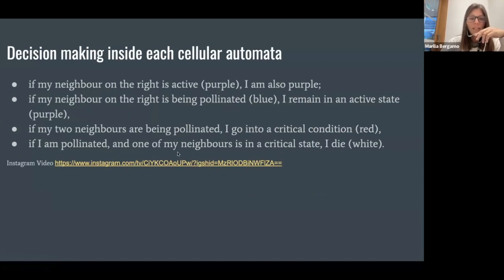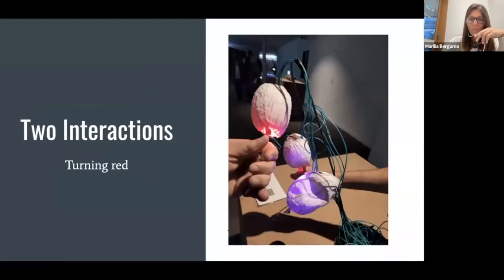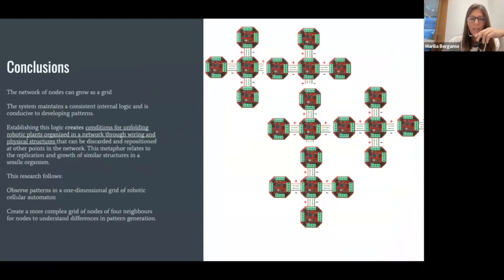If I am pollinated and one of my neighbors is in a critical state, I might die and become white. I have a video here. If there is enough time, I'll show you a little bit of this working. But I have some pictures that I want to show you, like it turning blue. What we consider pollinating is actually a human interaction. And then turning red, you have two people interacting here.